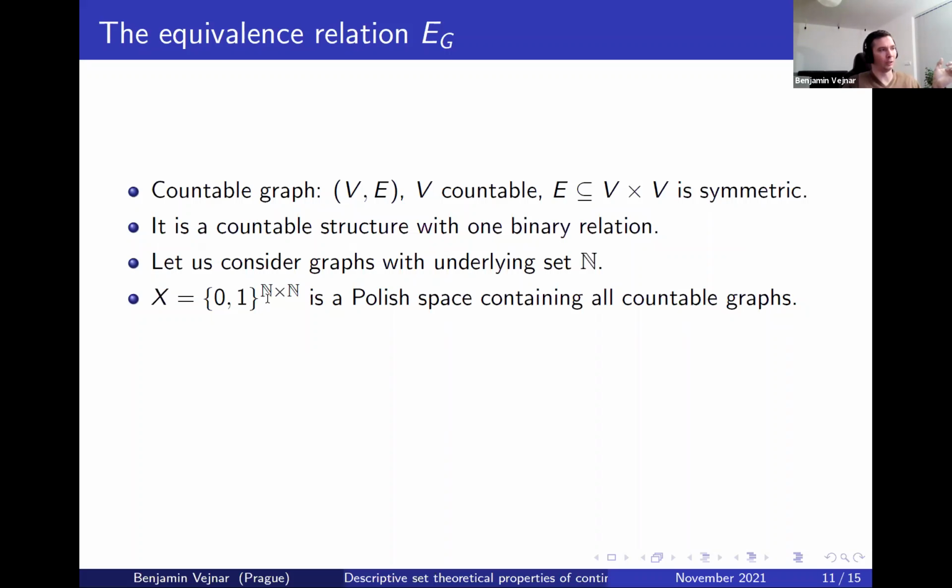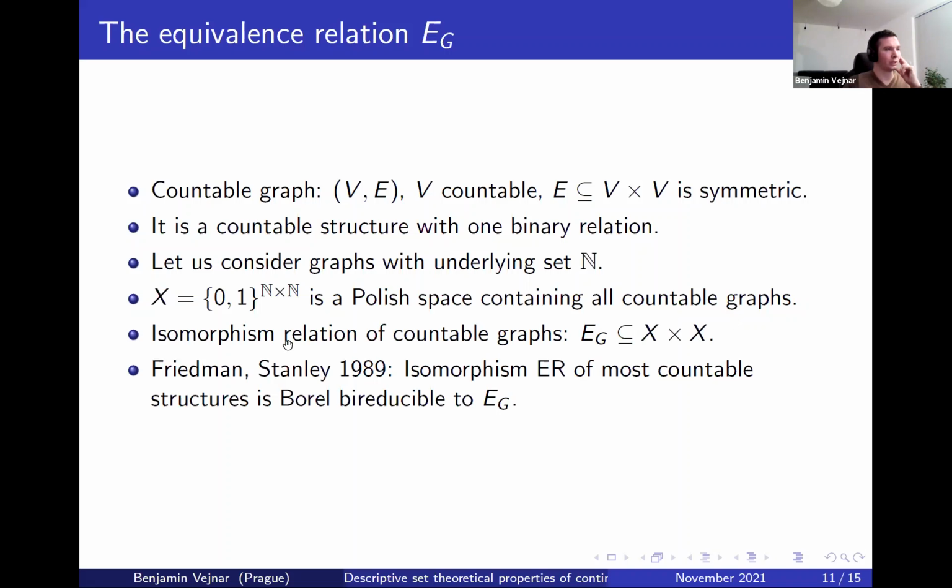And if you have 1, it will be considered that you have an edge from n to m. And of course, you can consider this with the natural Polish topology, the product topology, which is Polish. Well, it is even a compact space because it is a countable product of the compact two-element discrete space. Okay, so this X can be considered a space whose points represent countable graphs.